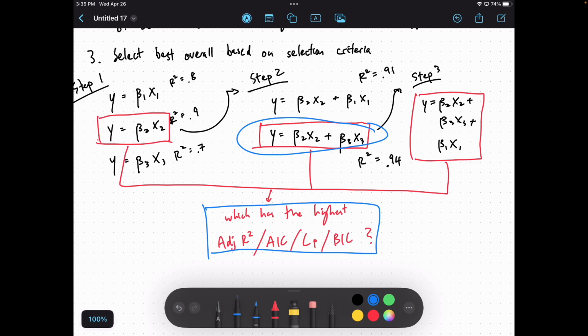So the more x's you have, the more steps you'll have to do and compute. Yes, but let us think about the computational complexity of this. How many regressions did I need to run for 3 variables? 6, okay? 1, 2, 3, 4, 5, 6.